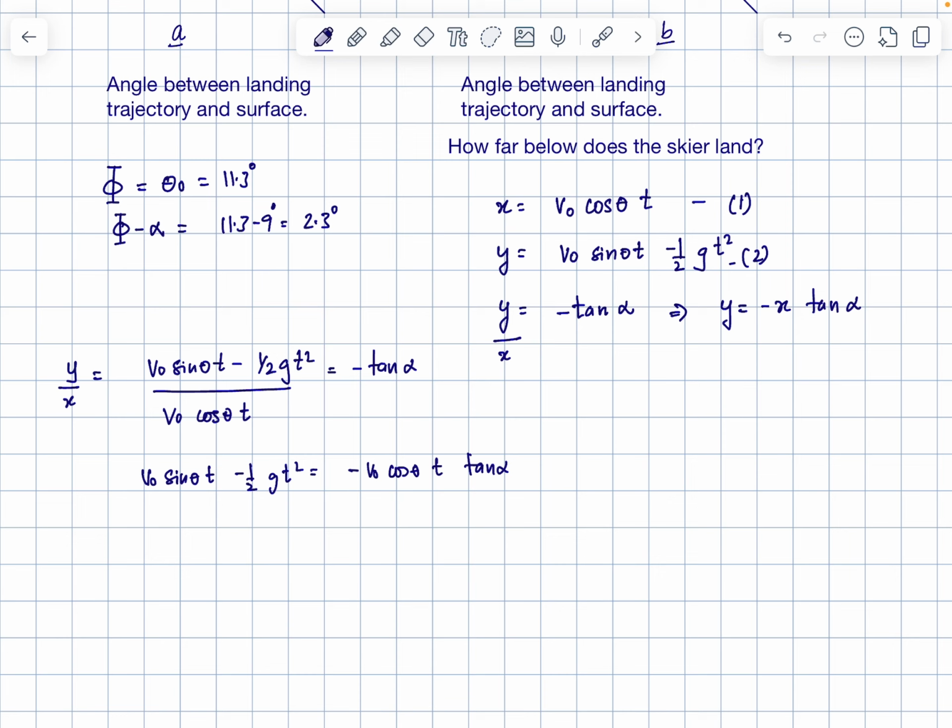So we have half g t squared minus v0 t times sine theta plus cosine theta tan alpha equals 0.